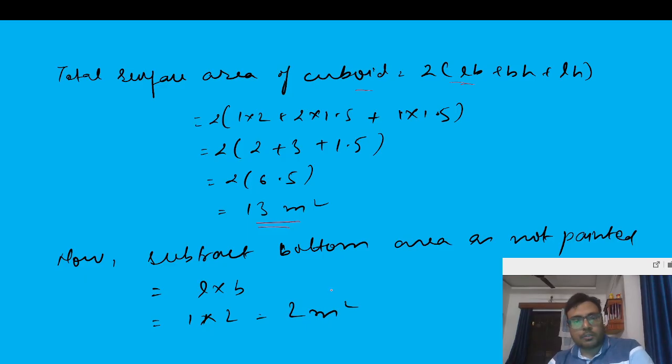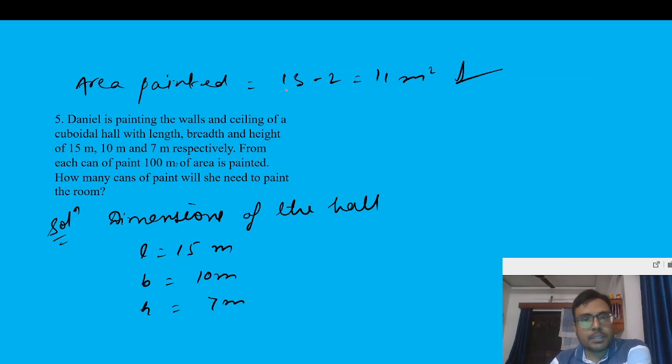Total area minus bottom area, so 11 meter square is the area she painted. She has not painted the base.